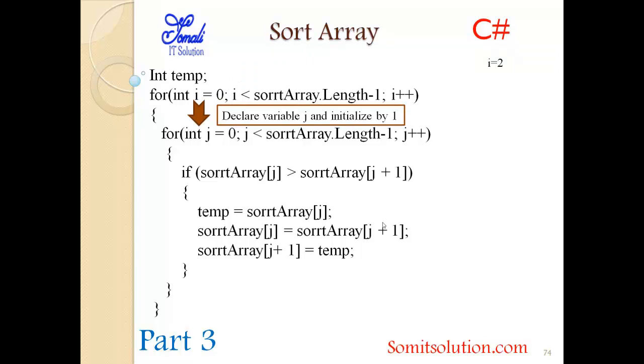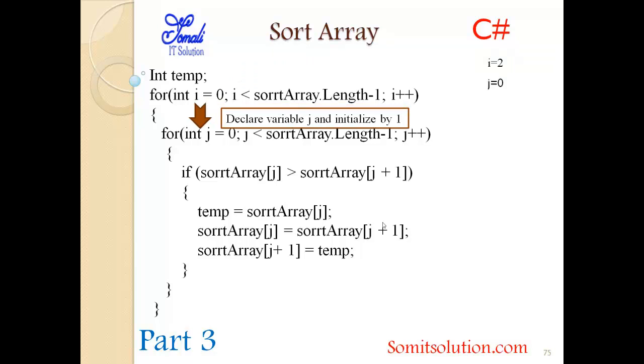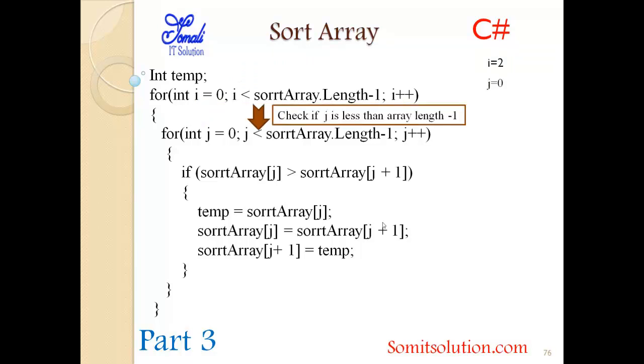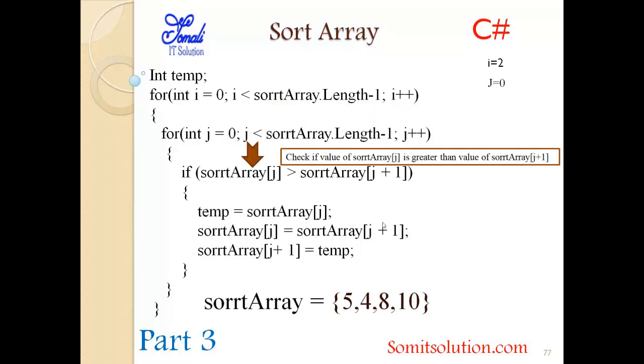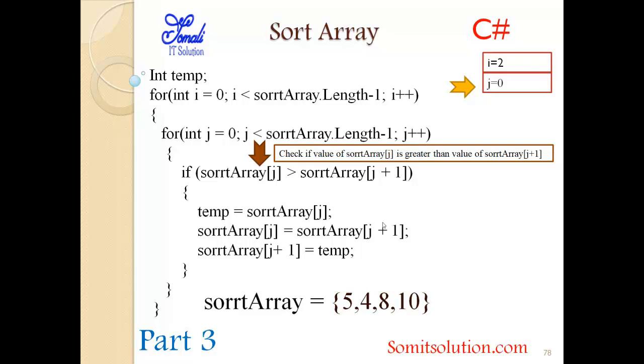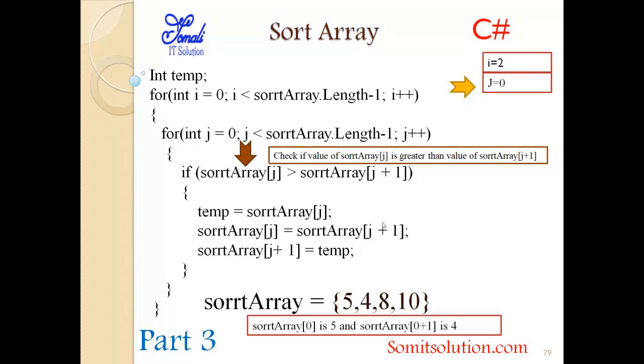Declare j variable and initialize 0. Check if j value is less than array length minus 1. Our array length is 4 and 4 minus 1 is 3, so j is less than 3. J value is 0. Sort array of 0 is 5 and sort array of 1 is 4. So 5 is greater than 4. Let's do the next step.